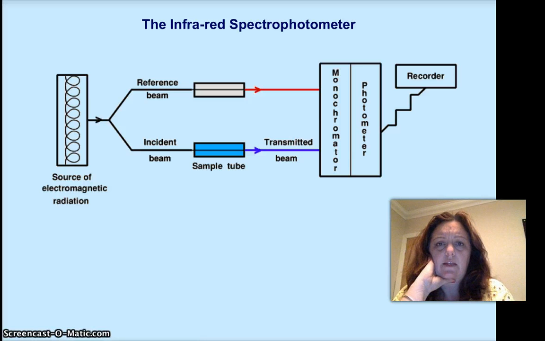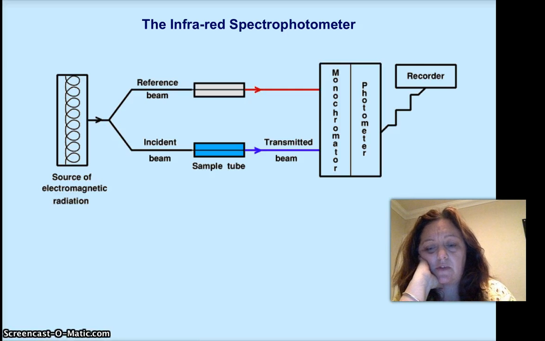So what does the infrared spectrometer do? Here's a diagram of the infrared spectrometer. You have a source of electromagnetic radiation, and that is passed through your sample, which is in a tube. At the same time, there's also a reference beam going through a reference.